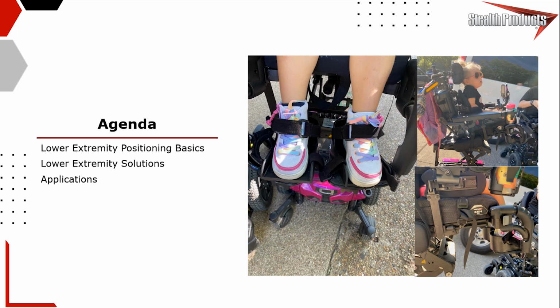So we'll start with a review of those basics, get why it's important to get those lower extremities correctly positioned, some of the basic goals of positioning those lower extremities, and then we'll take a quick look at some of the variety of options and solutions we have for getting those legs positioned, and then put it all together with a few example applications.